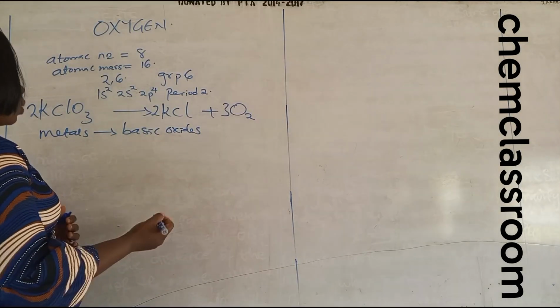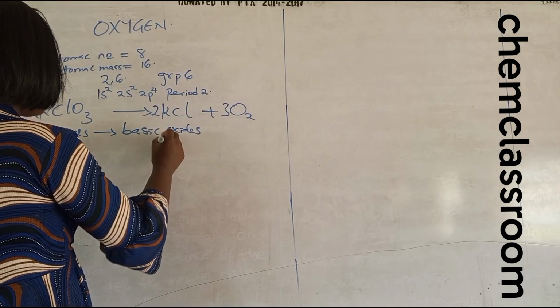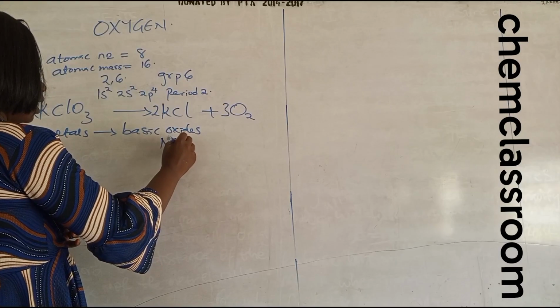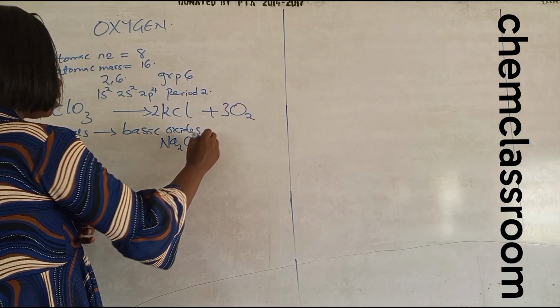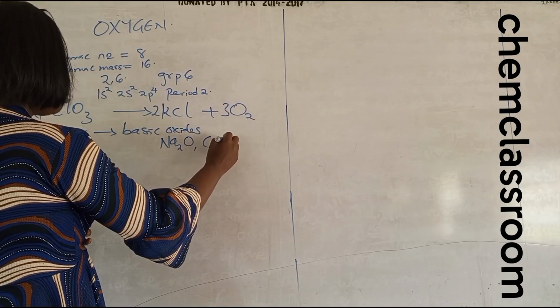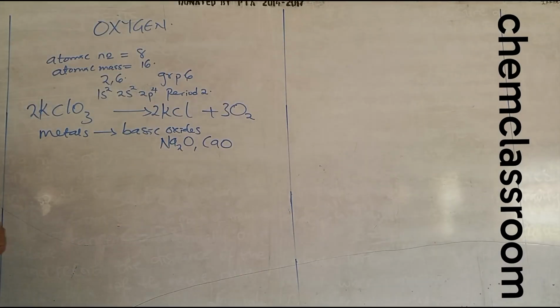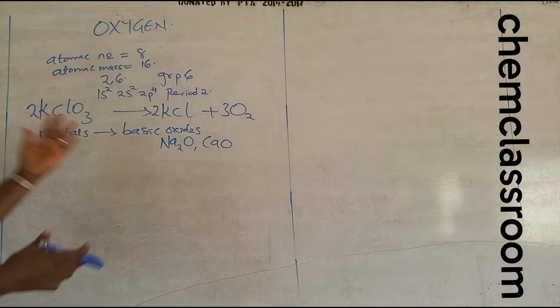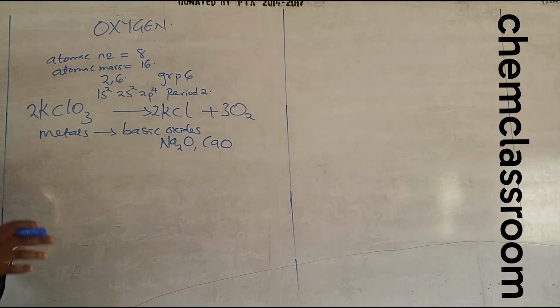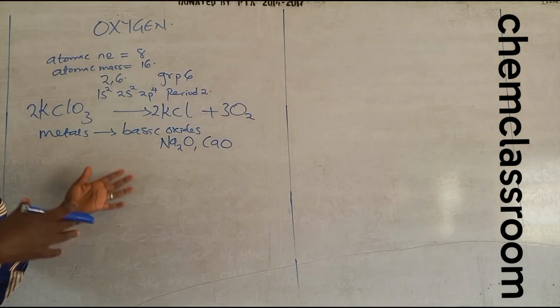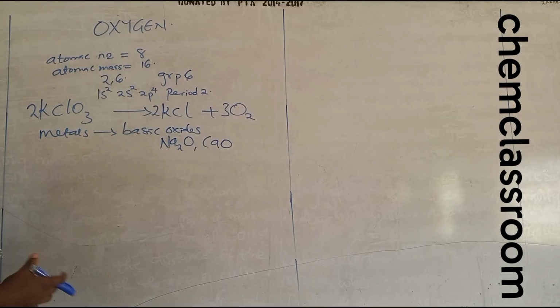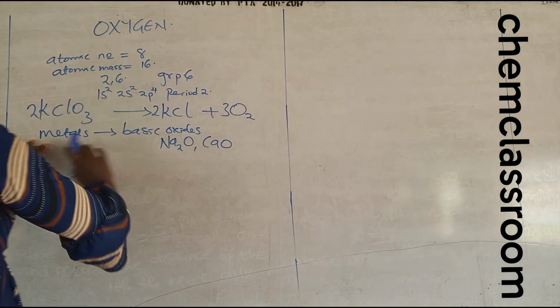Examples of basic oxides are Na2O and calcium oxide. Basic oxide means that it can react as a base, reacting with acid to form salt and water. They have alkaline properties. So that is for the metals.